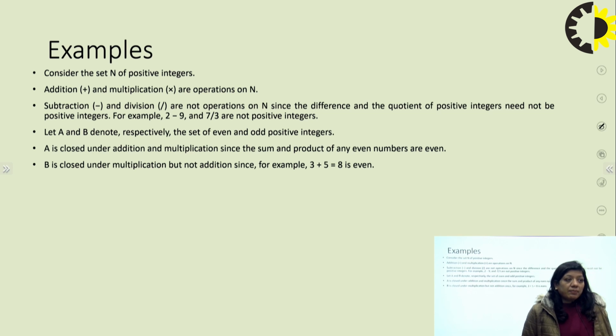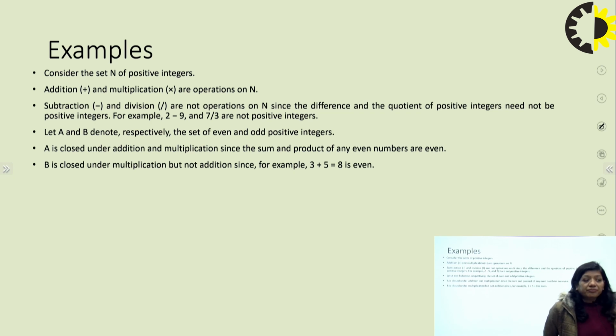Let's take an example. Suppose we take the set N of positive integers; addition and multiplication are both operations on N. Subtraction and division are not operations on N, since the difference and the quotient of positive integers need not be positive integers. For example, 2 minus 9 is equal to minus 7, which is not a positive integer, and 7 divided by 3 is not a positive integer.